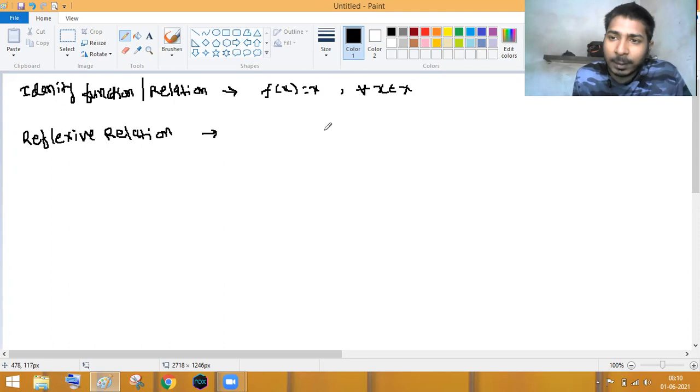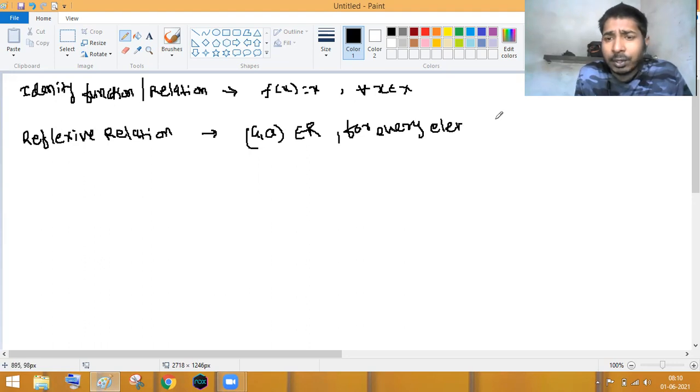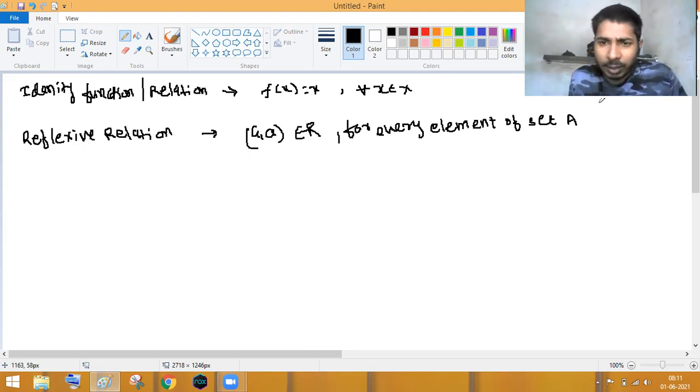Reflexive relation क्या बोला जाता है? कि (a, a) must belong to the relation for every element of set A or X. It depends on you. Suppose यहाँ पे set A ले लो तो कोई X belongs to set A.